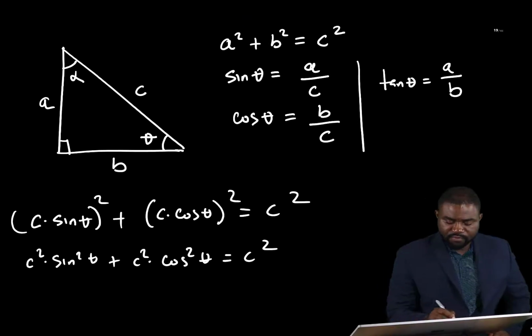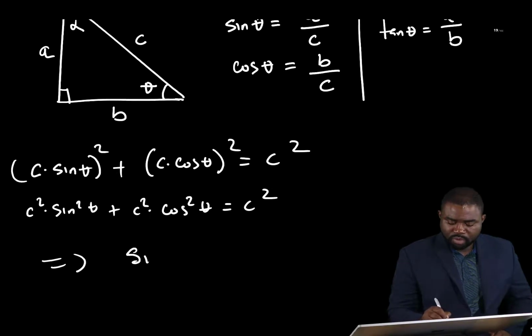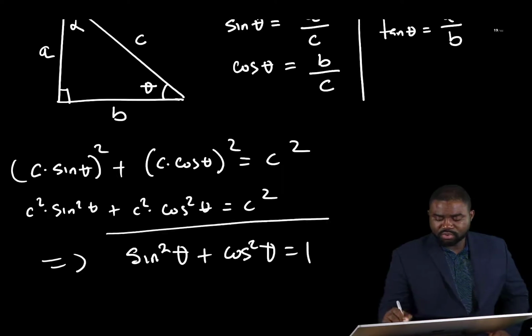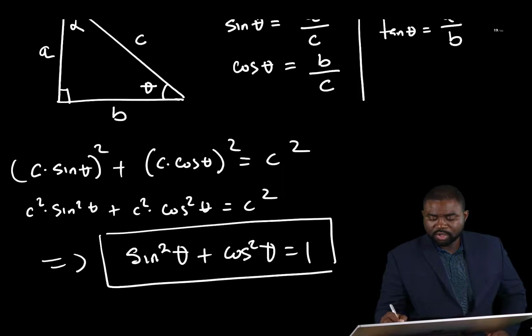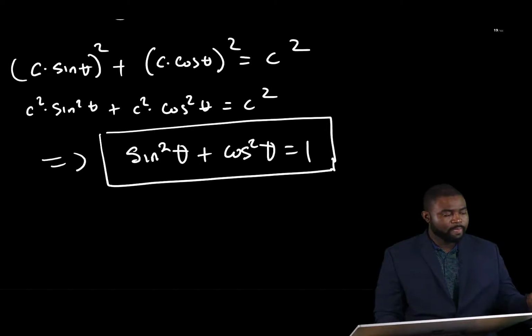If we simplify, you will clearly see that sine squared theta plus cosine squared theta will be equal to 1. This gives us the first Pythagorean trigonometric identity.